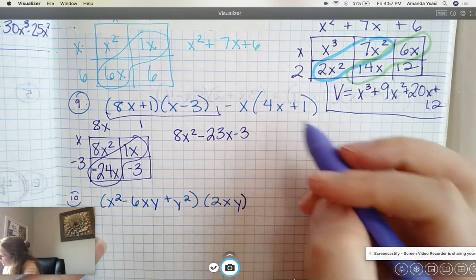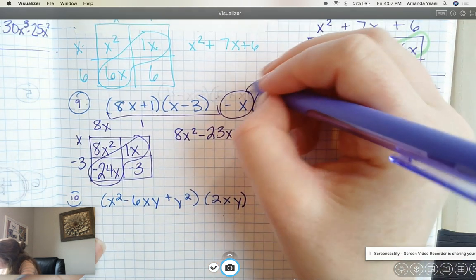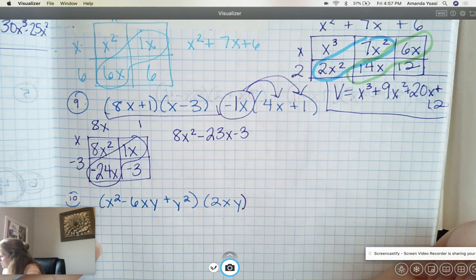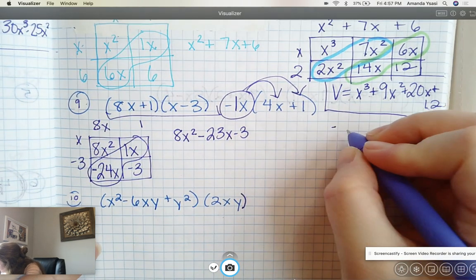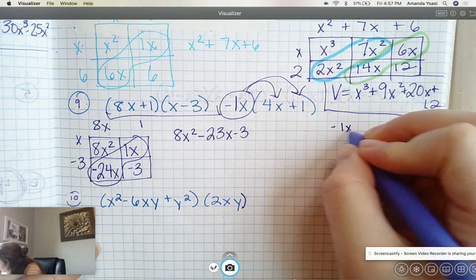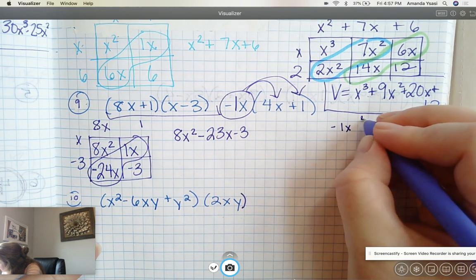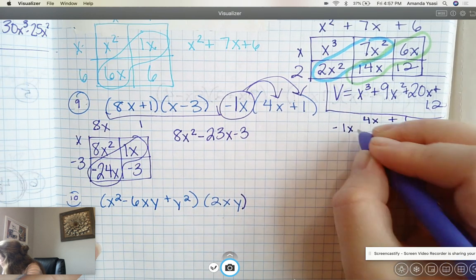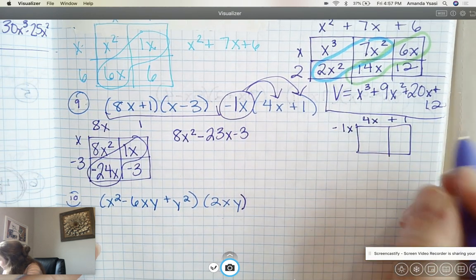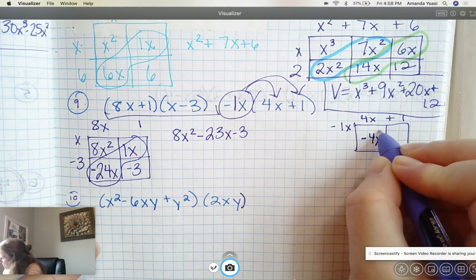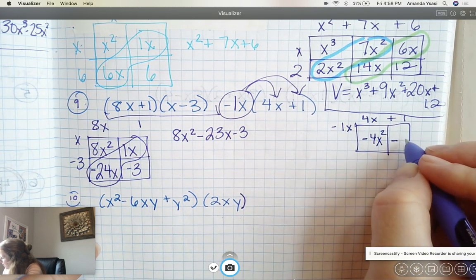And then now we're multiplying this negative x, or negative 1x, times each one of these. So you could do negative 1x times the 4x plus 1, which gives you a negative 4x squared and a negative 1x.